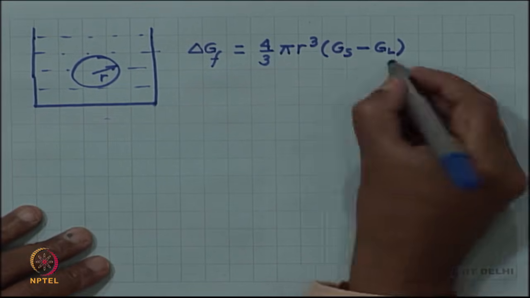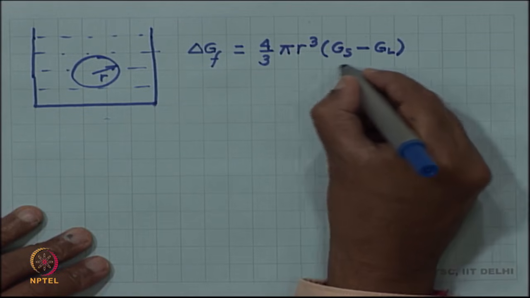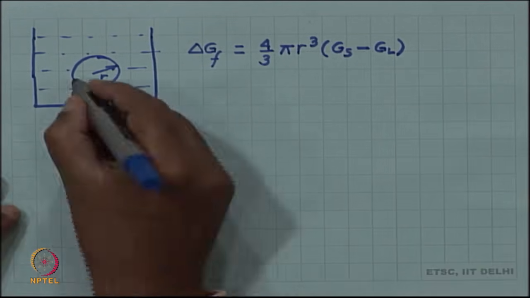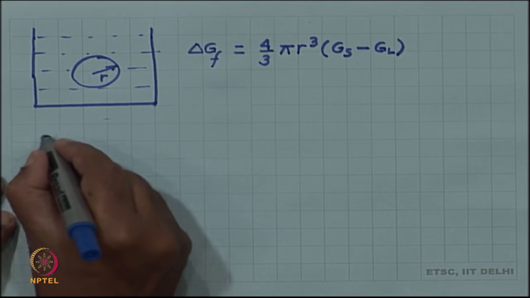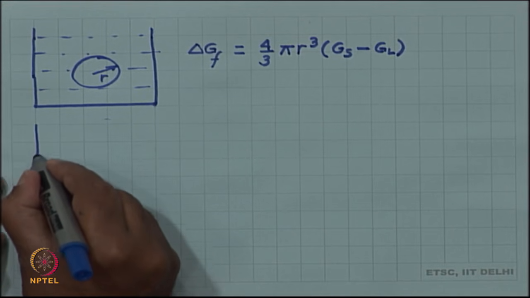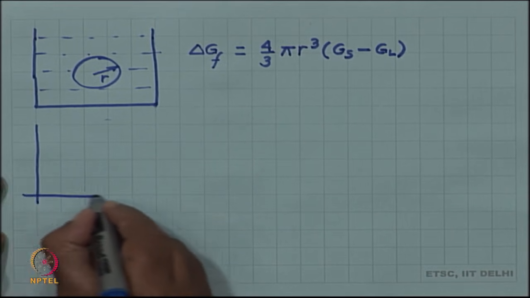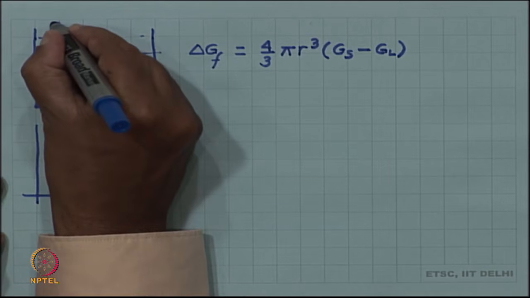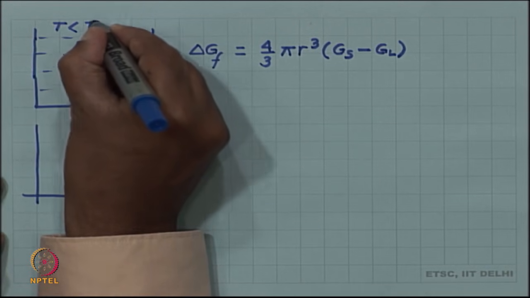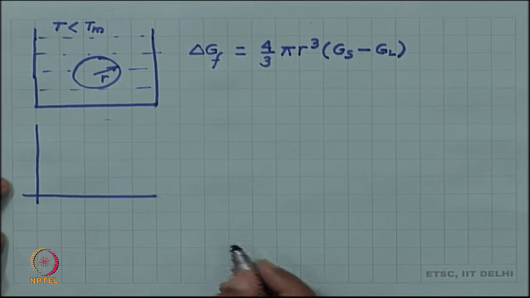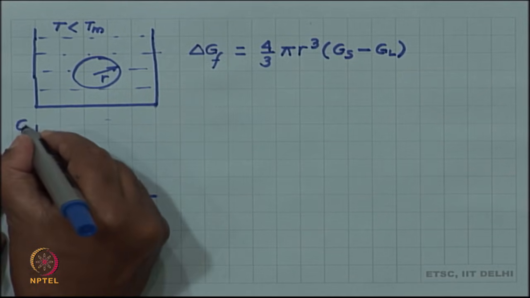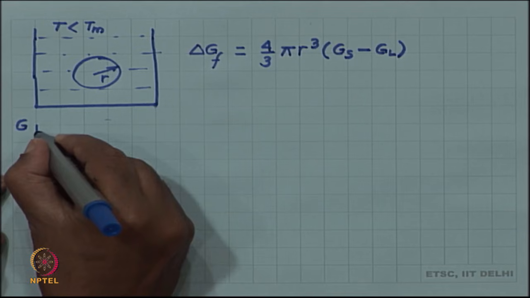And what is the sign of this? If we say that liquid is unstable, remember, that is, if the temperature is below Tm, remember the free energies we had drawn.